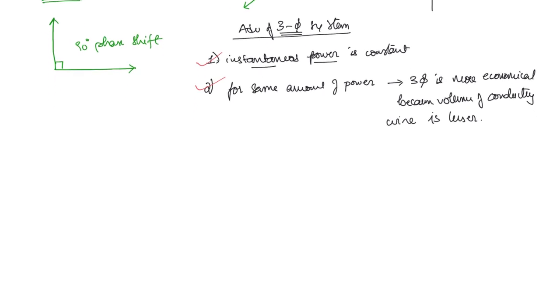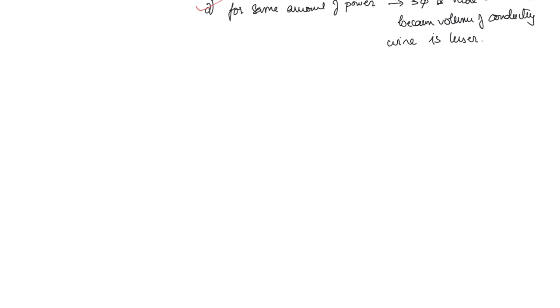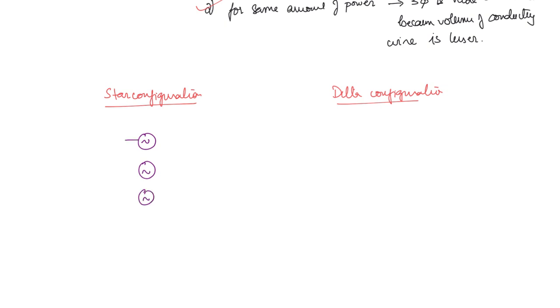Now three-phase systems can be connected in two different configurations. One is the star configuration and the other is the delta configuration. What happens in a star configuration? You will have three phases, and these three phases are going to be connected to a single common point.